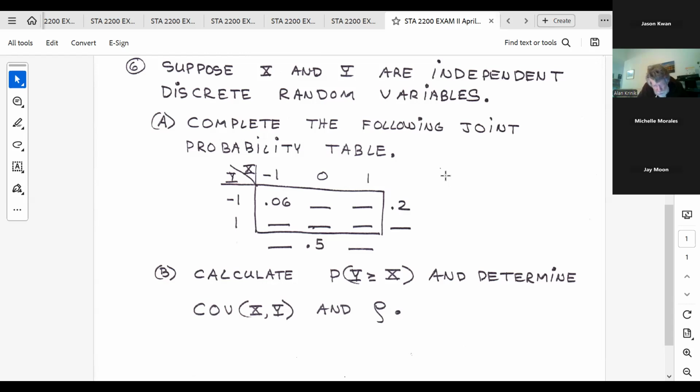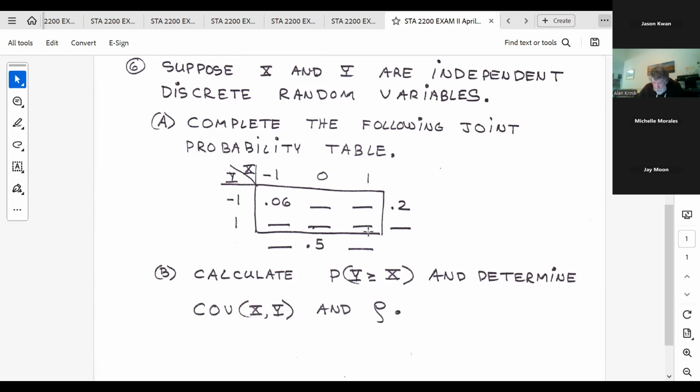I don't think there was something like this on the first test. Yeah, there was no joint table. So this is sort of a tricky problem. Why? Because you're given the joint table and some of its entries, but there are a lot more blanks than information, and it's asking you to complete the table.